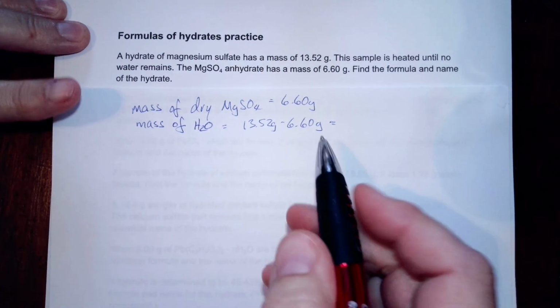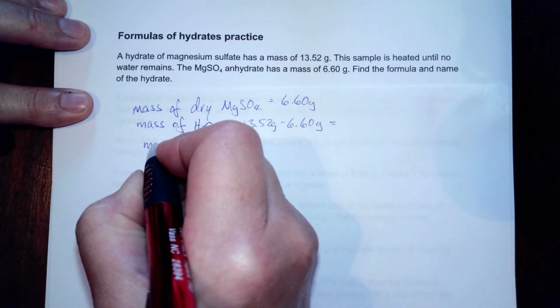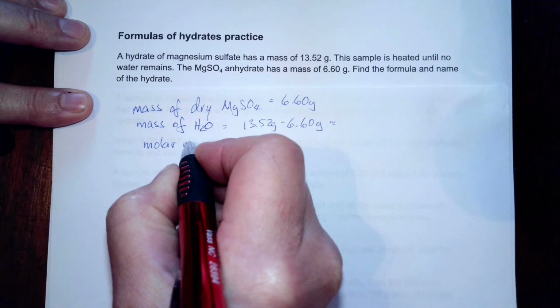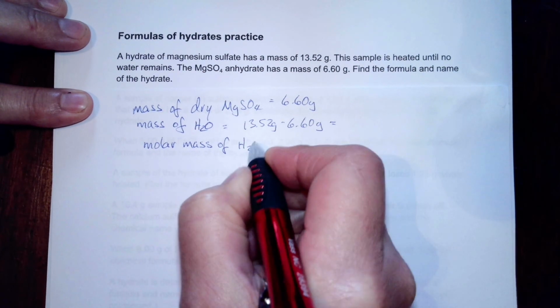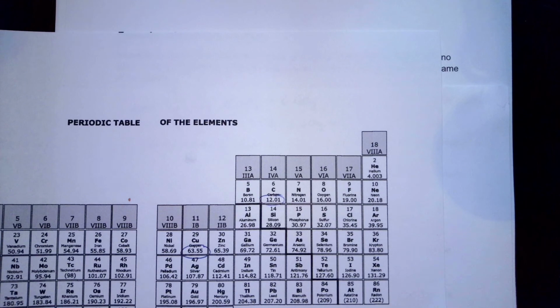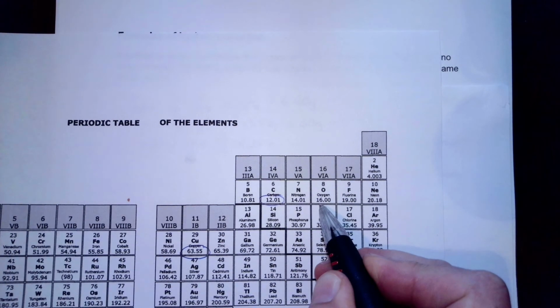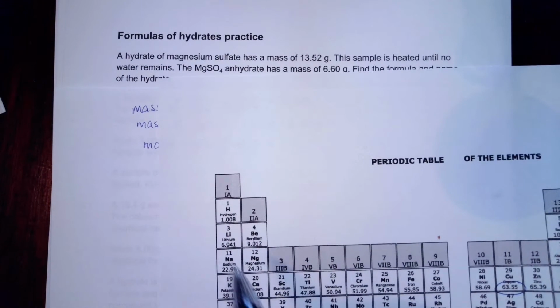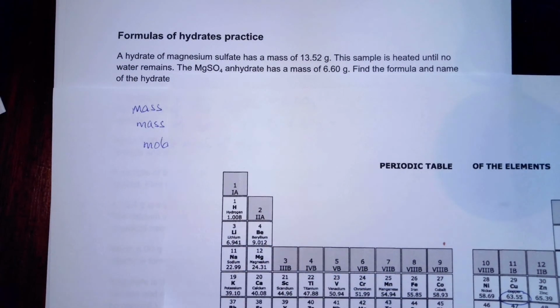Let's first set up to calculate molar mass. The molar mass of water, you can calculate this once and use it in all of the problems. So in case you don't remember, the molar mass of oxygen is 16.00 grams. The molar mass of hydrogen is 1.008.